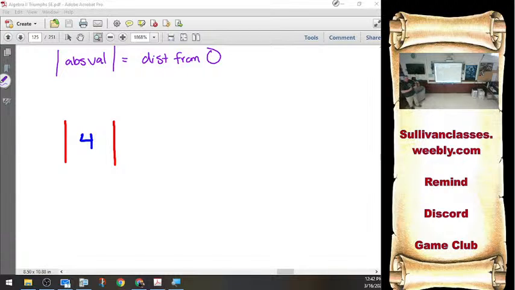No. It doesn't make sense, right? If I say that Chloe's 5 feet tall and I hang her upside down, is she now negative 5 feet tall? No. Not really.